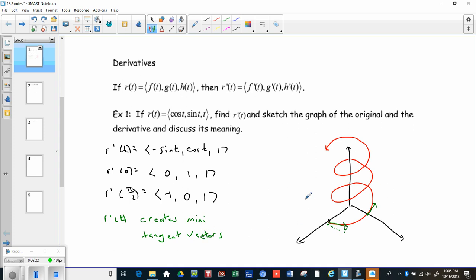And that's exactly what's happening. When you take the derivative, the derivative itself is a vector, and it's creating many tangent vectors to your curve. Just like when we took a derivative in two-dimensional space, it was the tangent slope of the curve. This is the same idea. It's the tangent vector to the curve.